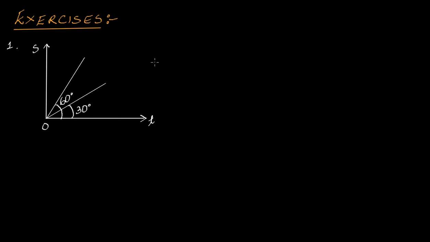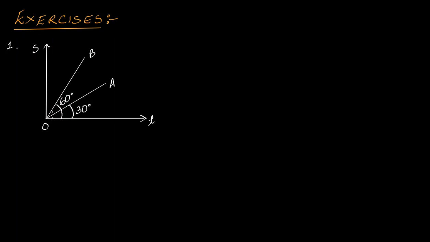the body. So in this problem, you have two bodies, A and B, and their ST graph is given by the two lines OA and OB respectively.